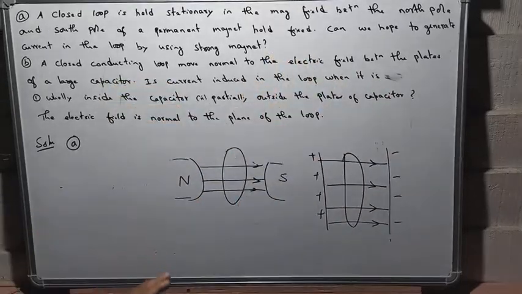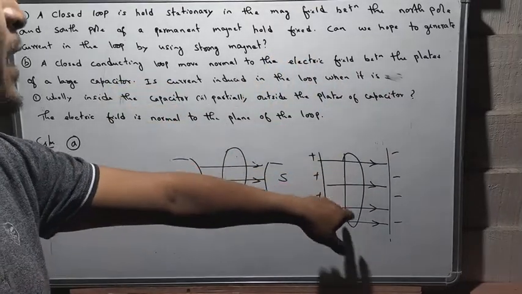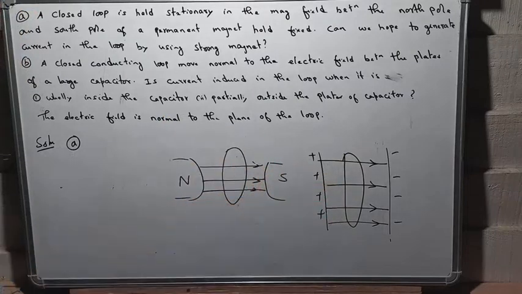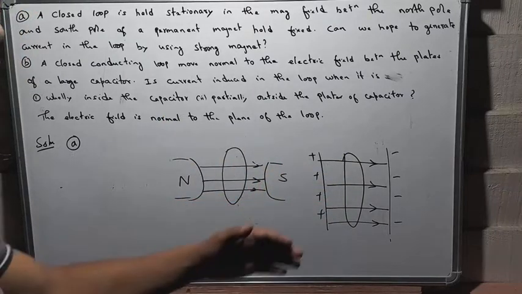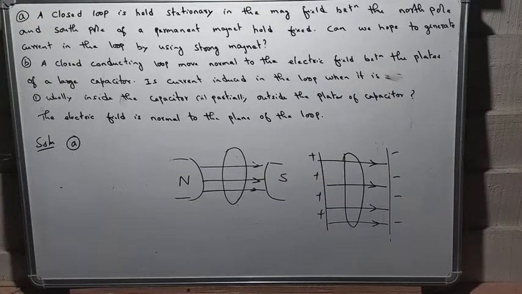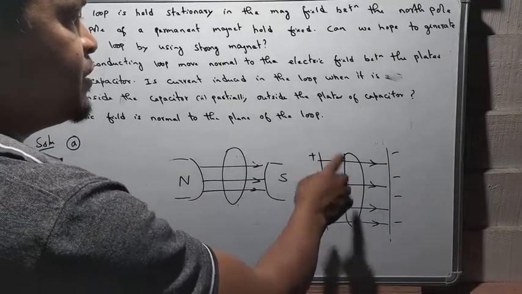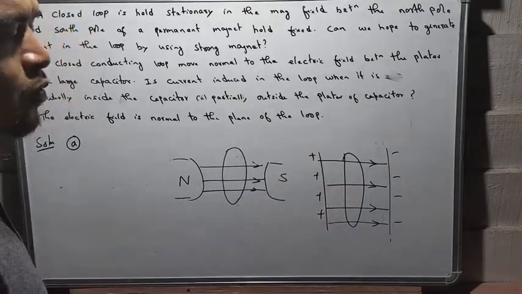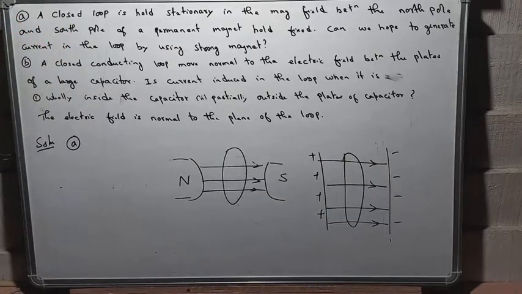Okay, so the answer is current here cannot be induced. Why? Because electric current is induced in the loop only when it is passing through a magnetic field, but not in an electric field.